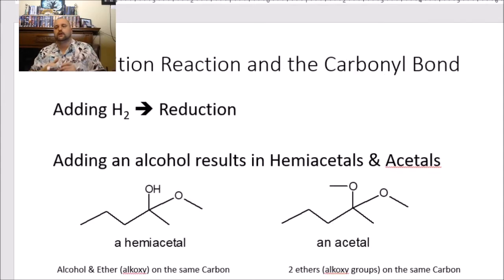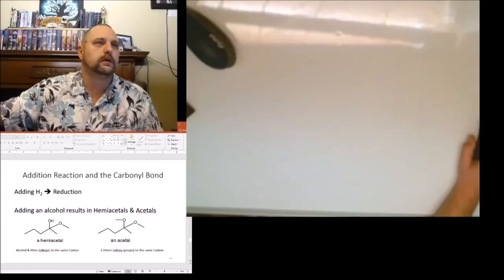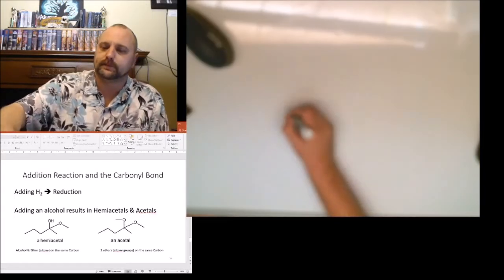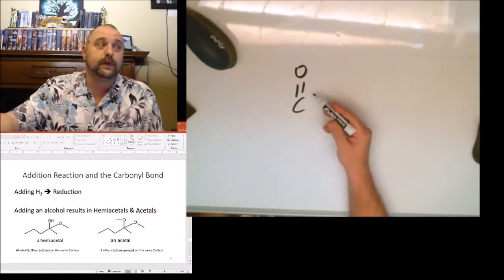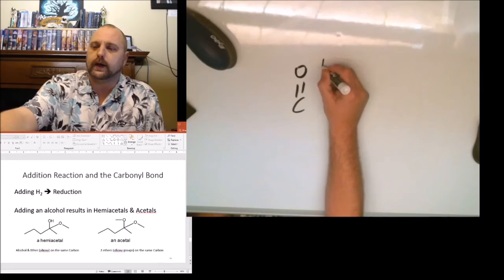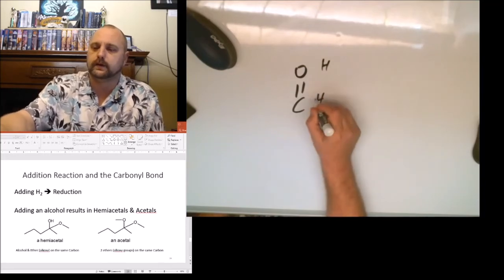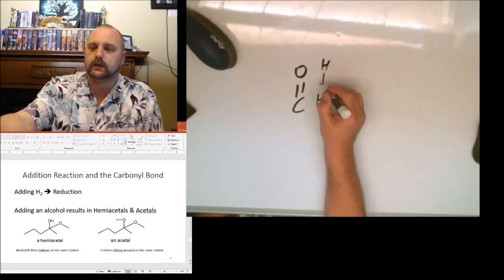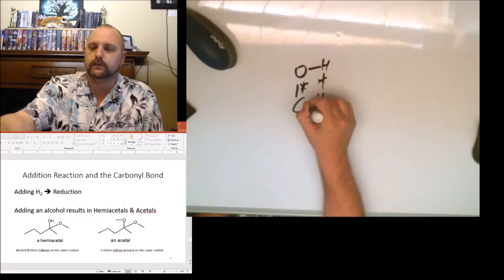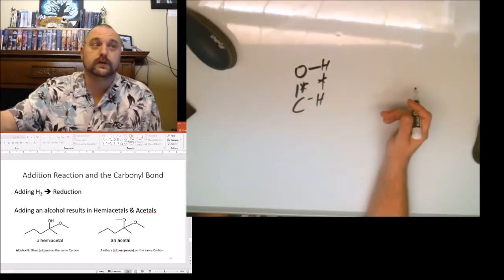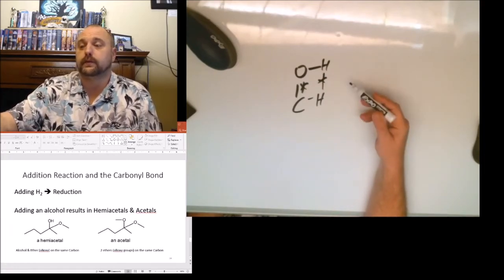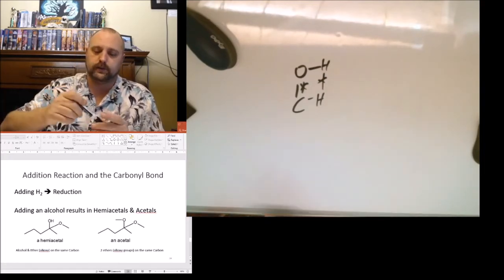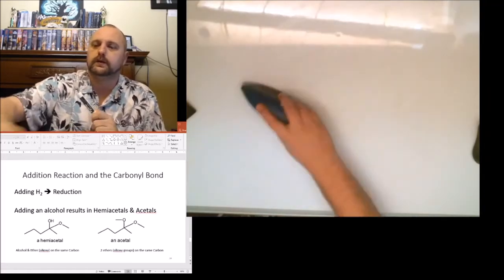So we're going to take our carbonyl and add things across it. And so if we add two hydrogens, we'll be breaking two, making two. You can see that'll go to our alcohol. So primary alcohols from aldehydes, secondary alcohols from ketones.